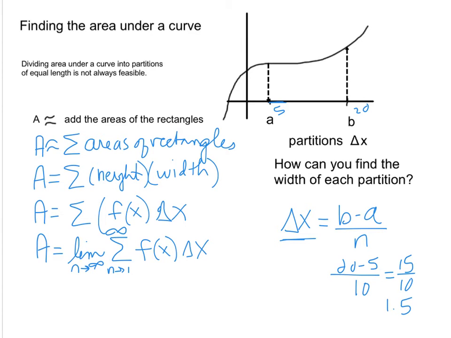Then we end up with the area being the integral from a to b, just like that, of f of x delta x. We change that to dx, right, in our integral notation. And that would be the area under the curve. So this would be a definite integral instead of indefinite. So no plus c, definite integral.